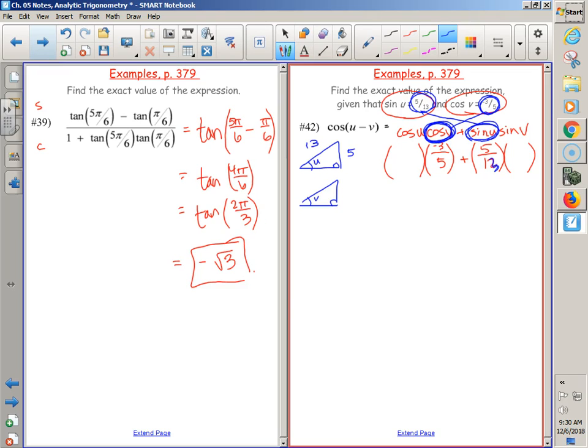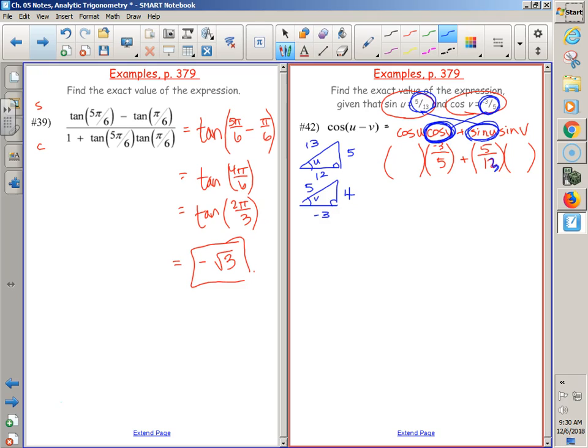They told me sine. Does anyone know the Pythagorean triple for 5 and 13? 12. AKA 169 minus 25 square rooted. There's the 12. For v, cosine is negative 3/5. Negative 3 is adjacent, 5 is hypotenuse. Isn't it a 3, 4, 5? Stop, focus.